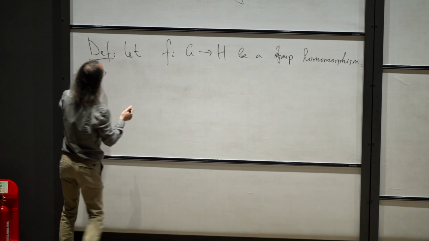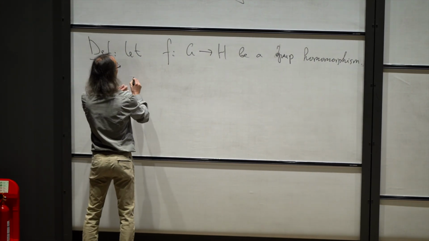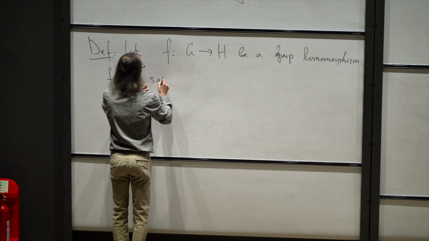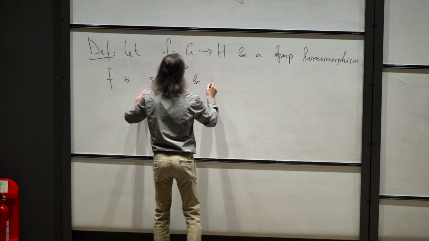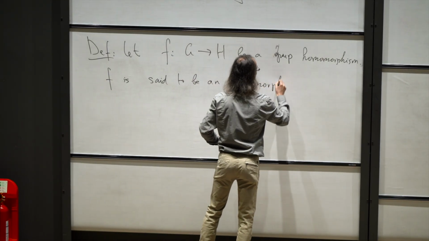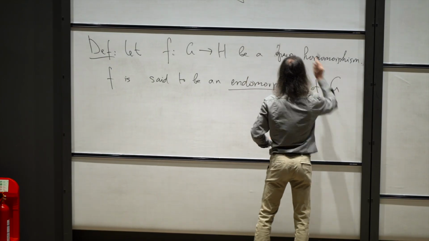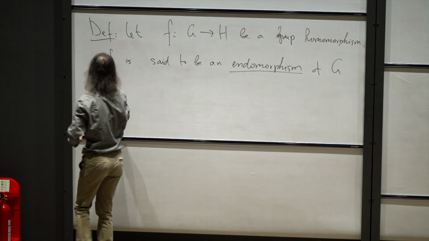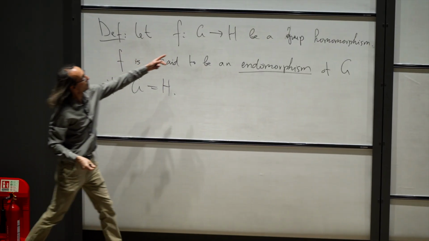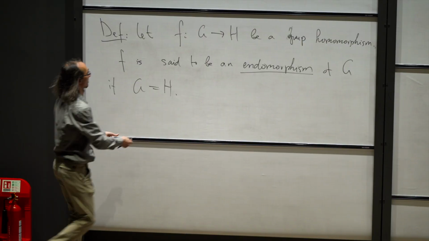This is actually more about notation rather than definitions. f is said to be an endomorphism of G if G is equal to H. So in the case when G is equal to H, we call f an endomorphism.